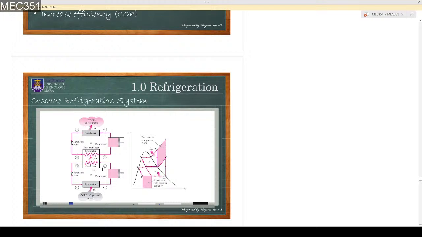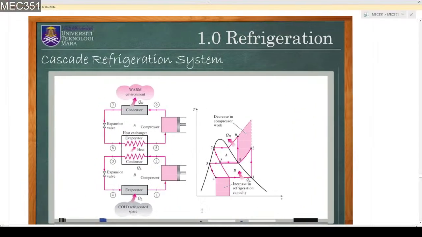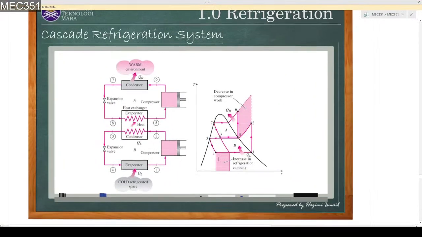So the example of the cascade system that consists of 2 vapor compression cycles is shown in this figure. We have system B and we have system A. Those 2 systems are connected with the heat exchanger here.